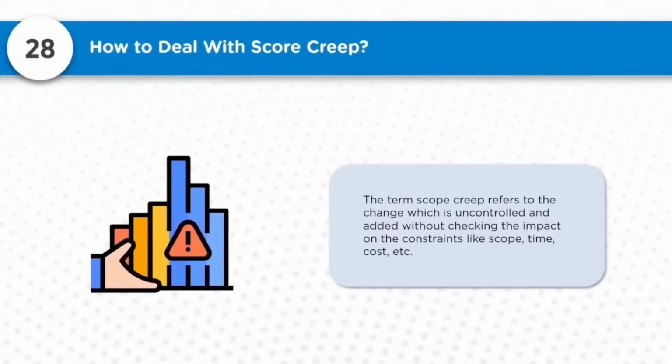It may or may not add value later, it doesn't matter, but it may impact your cost, time, and schedules in an unexplained way. That extra effort and extra cost you have put in will not be recognized by customers, and you will not get paid for it.